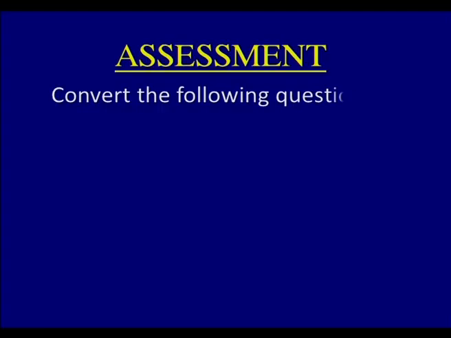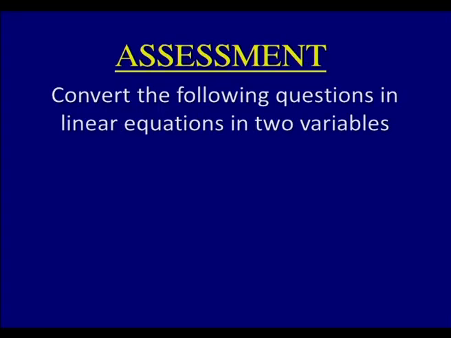Okay, children, up to now we discussed the conversion of daily life situations into linear equations in two variables. Now, I will give you some questions. You will convert these questions into linear equations in two variables.